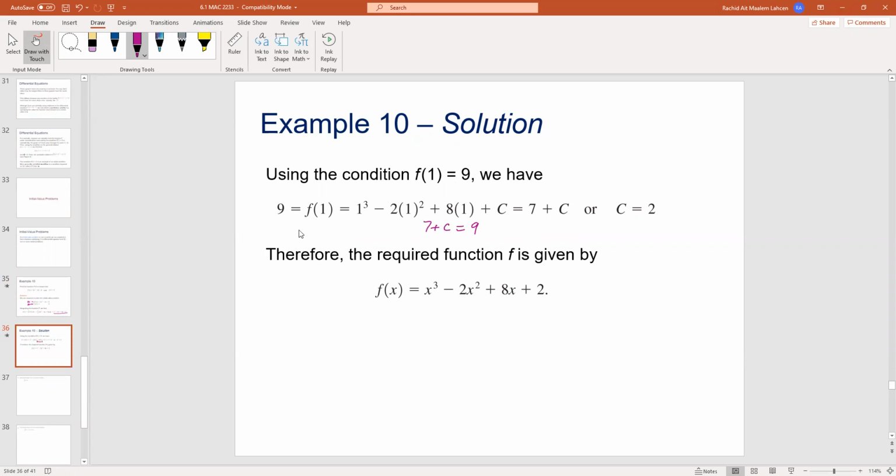And we'll do another example of this. So c is 2. Therefore, the required function f is given by this. You see, c is no longer there because now it's more specific. It's a particular problem. C is equal to 2, and that's it.